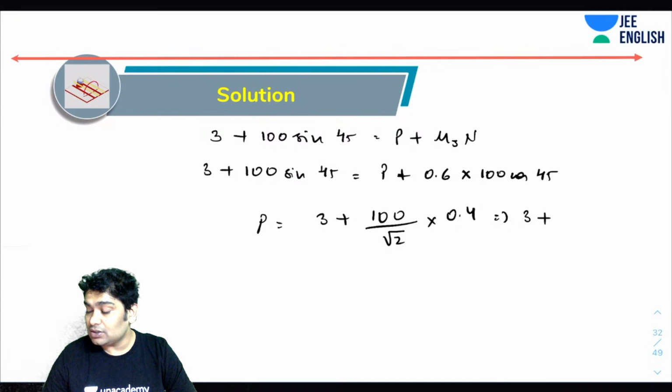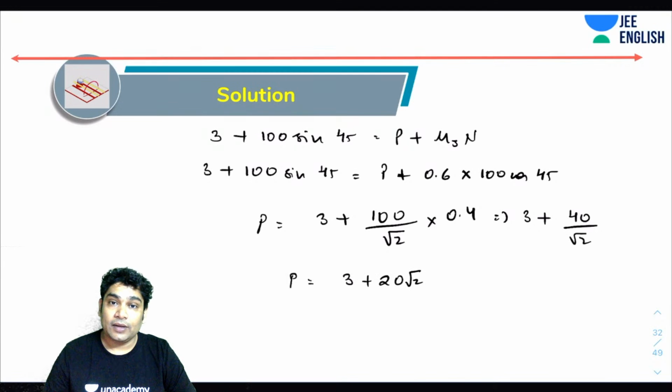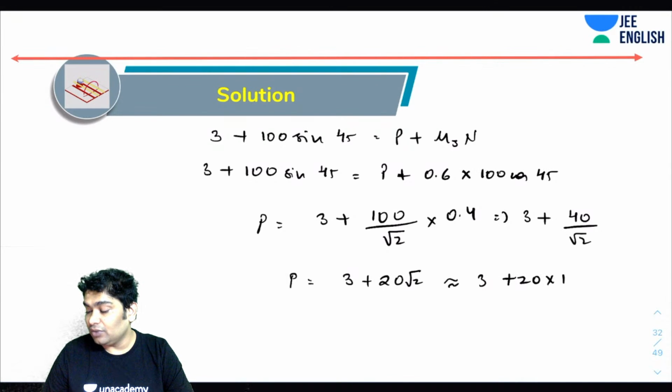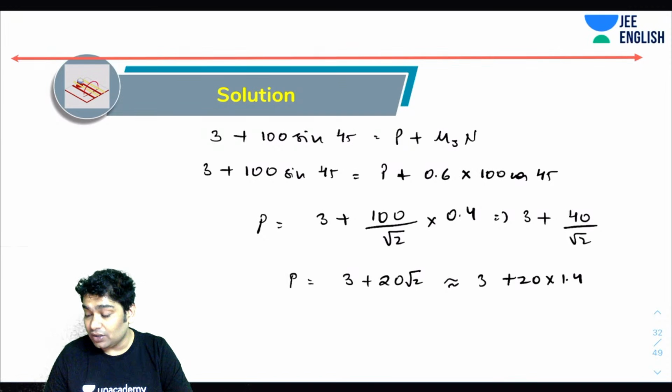So P plus 40 over root 2, or I can say P plus 20 root 2. Root 2 is 1.4, so this is roughly 3 plus 20 into 1.4. 20 into 1.4 would be 28. This would be around 31.